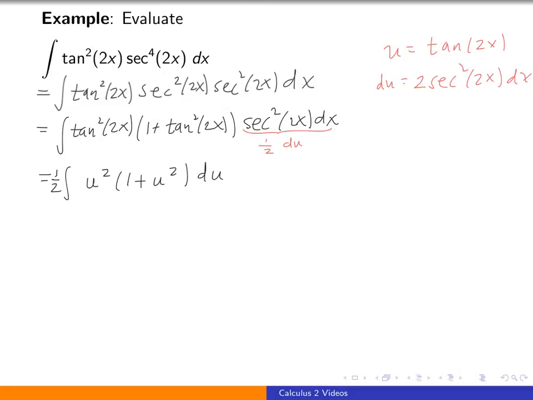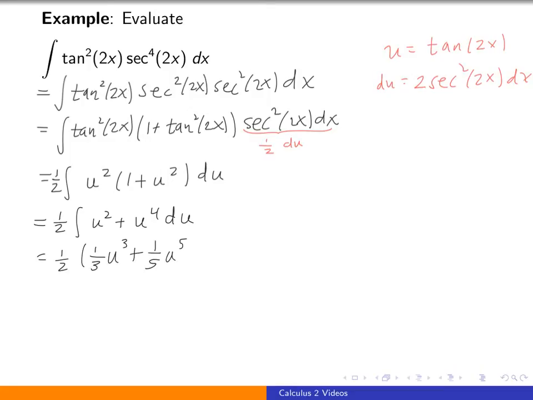So it almost works out too good to be true. Rewriting in that proper way, doing a substitution, what we are left with is an integral only involving powers of u. So go ahead and expand out. We'll have u squared plus u to the 4th, both functions that we can easily anti-differentiate. So the 1/2 is hanging around out front. We have 1/3 u cubed plus 1/5 u to the 5th plus c.